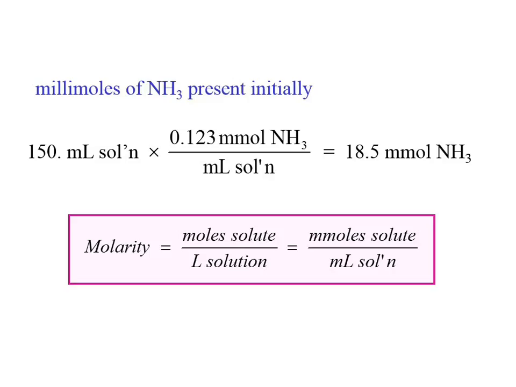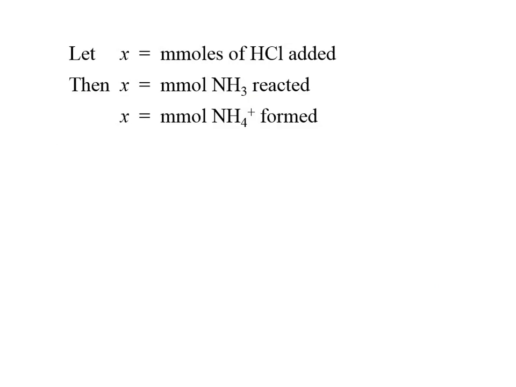To get the amount of that that's converted, we need to look to our limiting reactant, which is the HCl. Remember, what we're solving for is what volume of HCl we need to add in order to get our target pH. So if we let X be equal to the millimoles of HCl we're going to add, then X will also be equal to the millimoles of NH3 that react, and also equal to the millimoles of NH4+ that are formed.